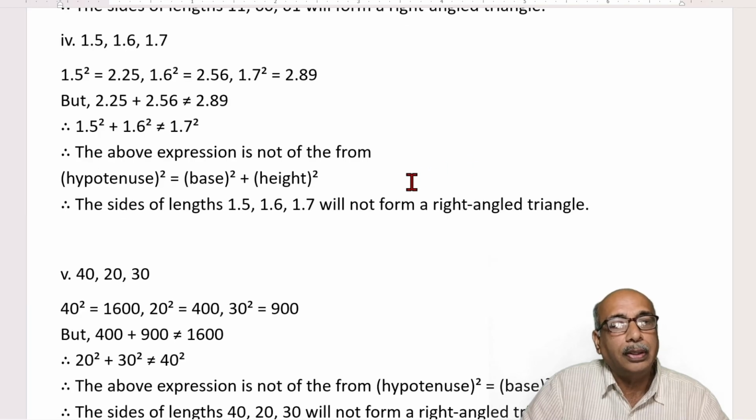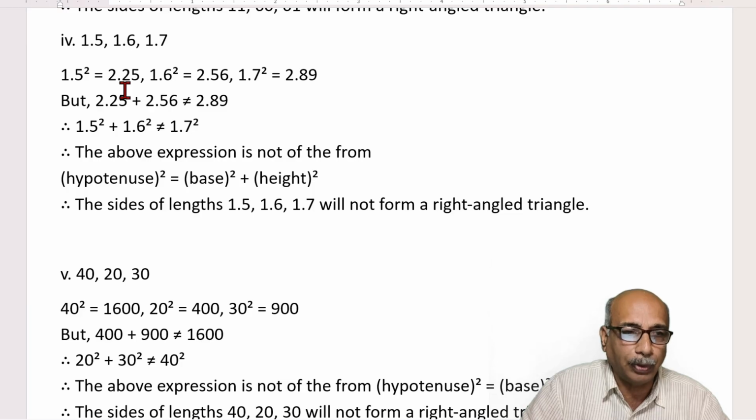Next problem. Your answer is given in decimals. 1.5, 1.6, 1.7. 15 square, you know, is 225. Here the decimal point is after one digit, so in the answer, from the right hand side after two digits you put the decimal point. So 15 square is 225.